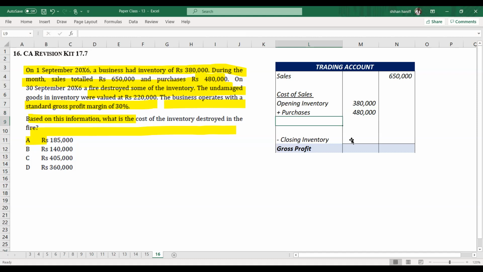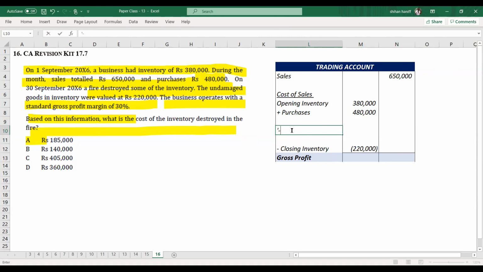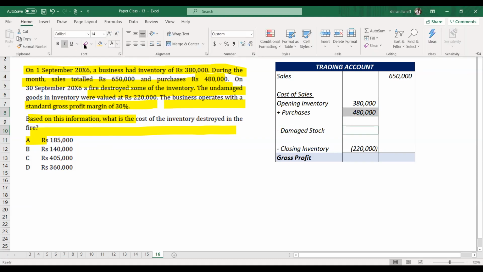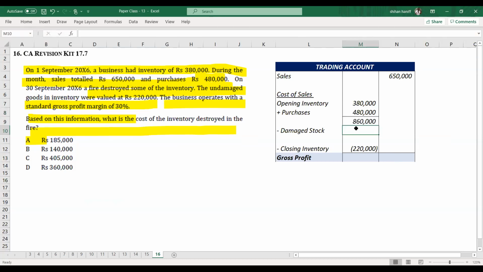Then we need damaged stock. So this is what we need, damaged stock.